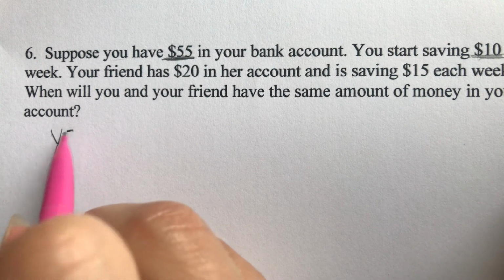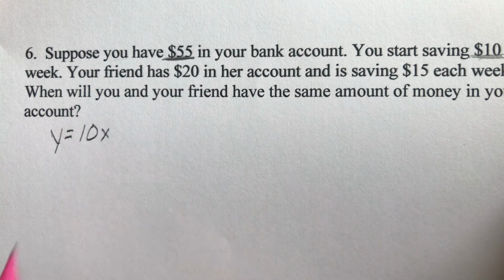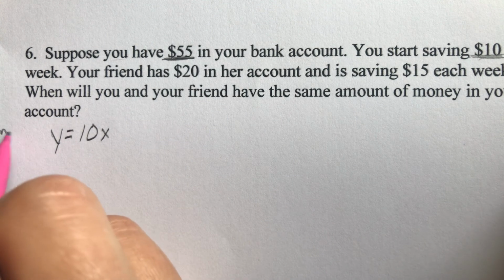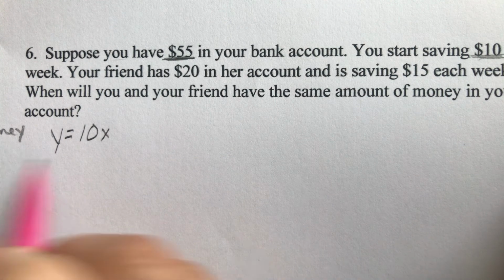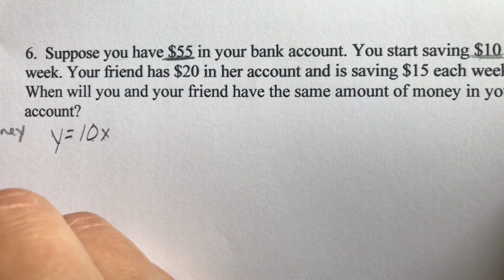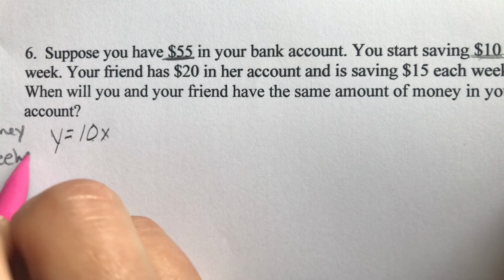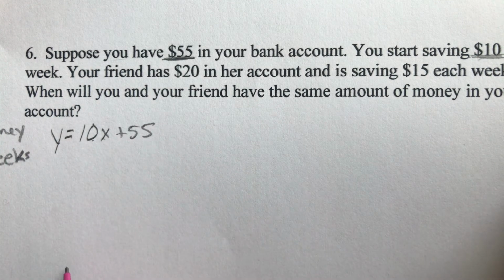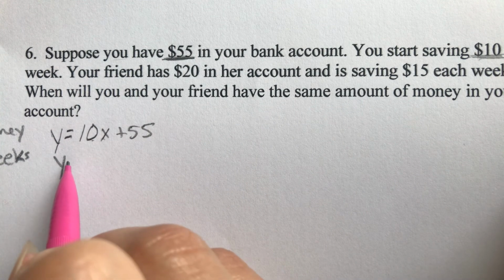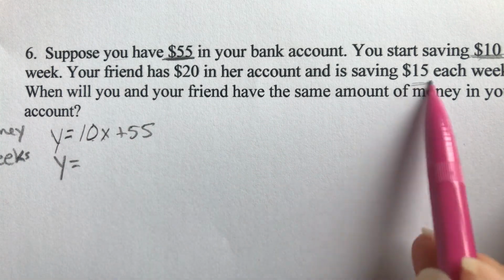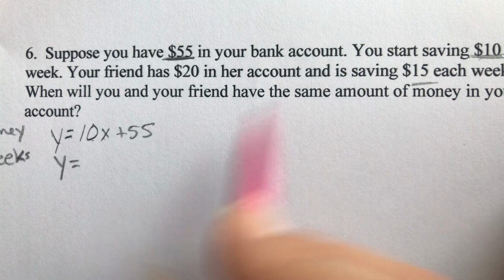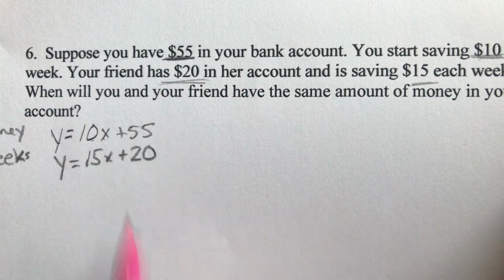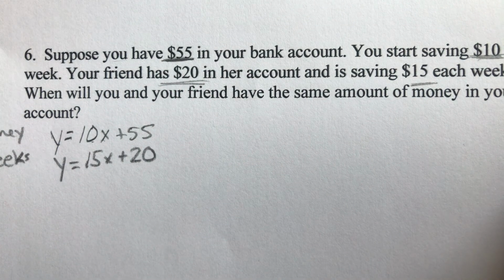So y equals 10x, where y is going to be money and x is weeks, plus the 55 you have. Your friend is going to save 15 each week and has 20 in their account. So we've got our two equations.